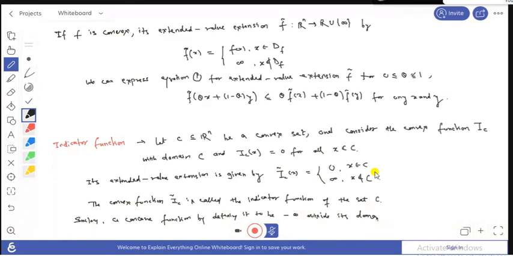Okay, so here you can define the concave function also. Okay, so if outside of that you take minus infinity, then this is your concave function, and if this is your convex function. So you can try it and show that this is a convex function or not.